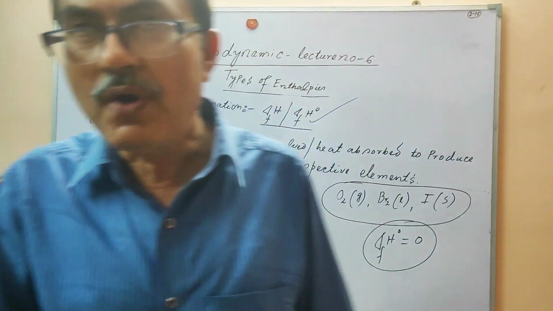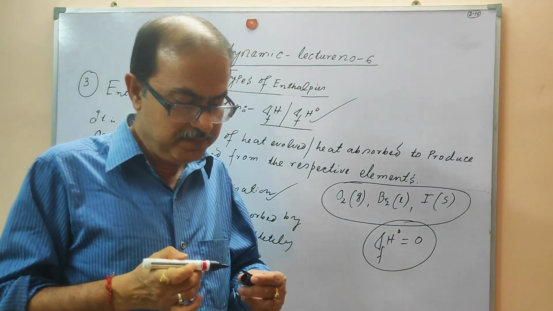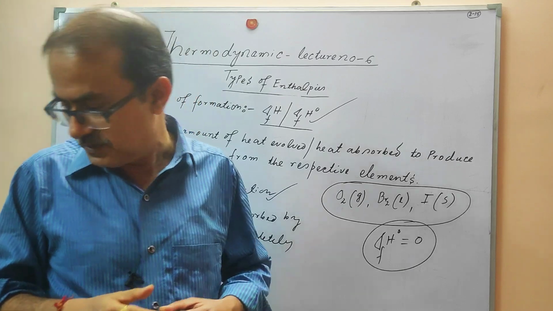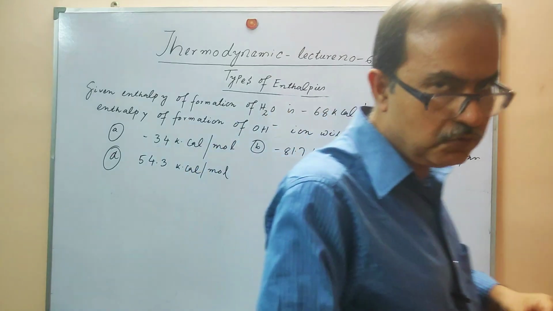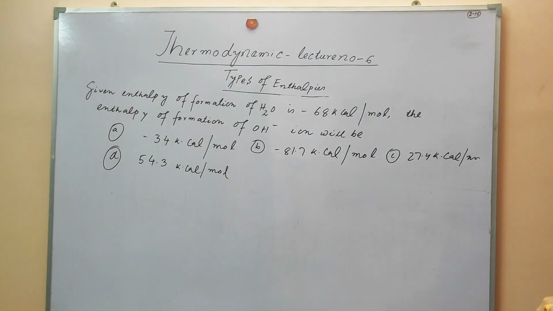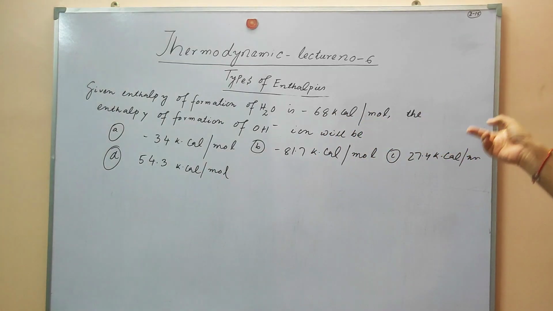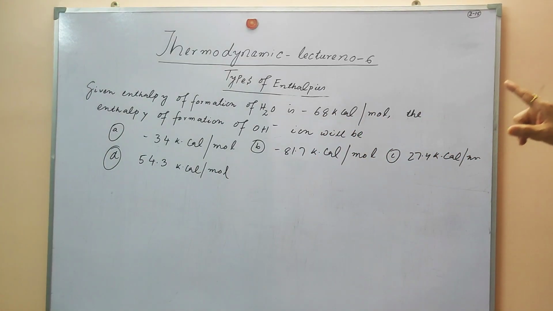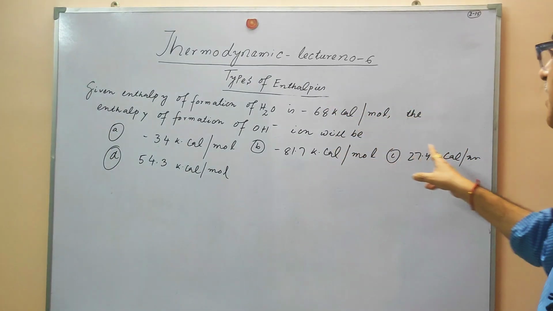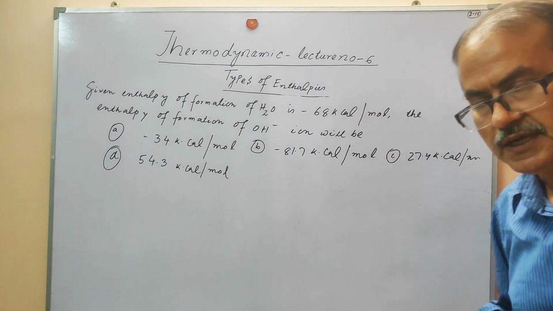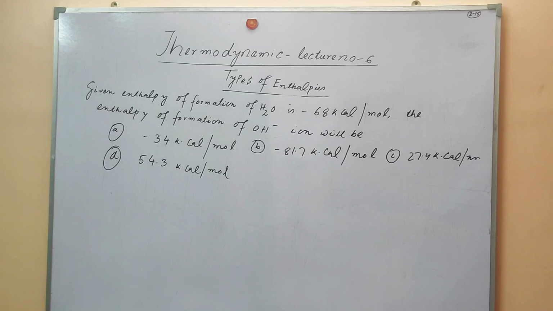Now we take one very good question to understand this concept. Given the enthalpy of formation of H2O is minus 68 kilocalorie per mole, the enthalpy of formation of the OH minus ion will be, with the options given here, that you have to solve.